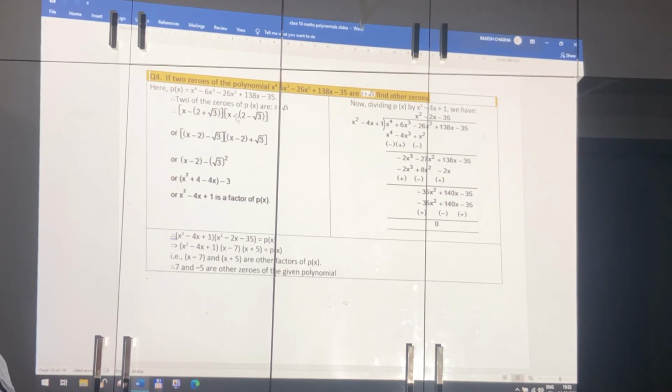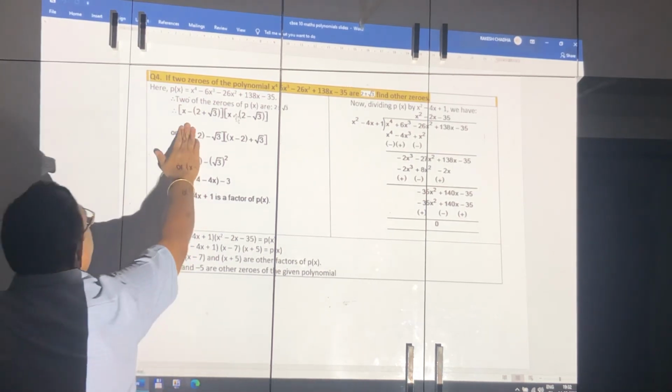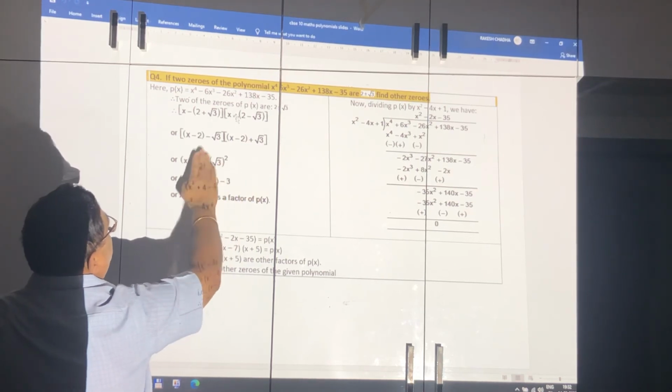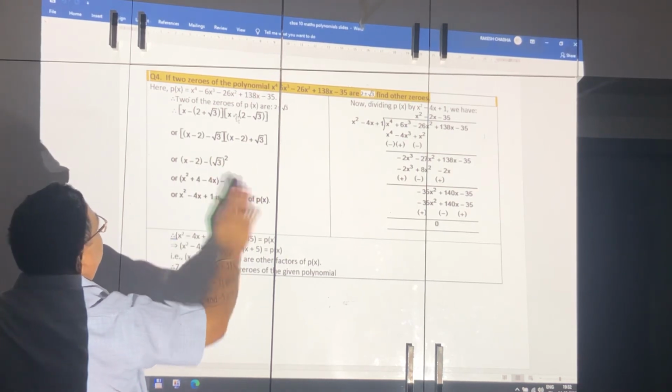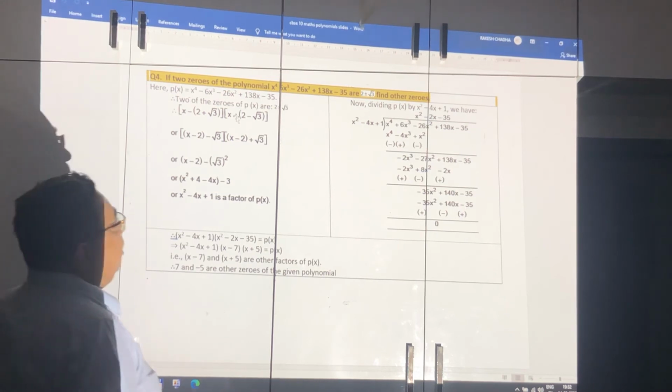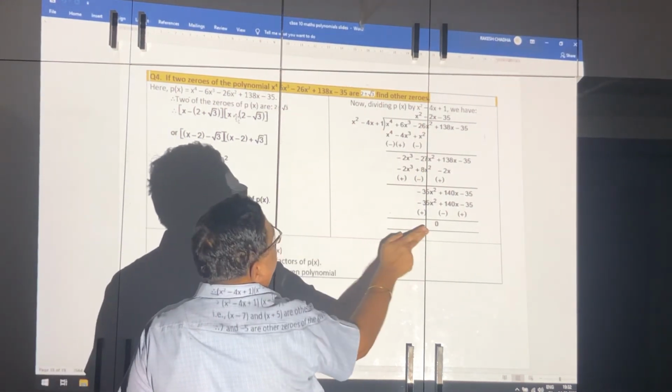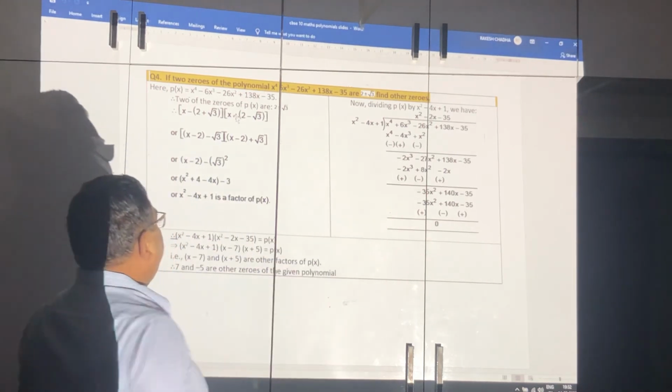Two zeros are given, okay, and I have to find the other zeros. No problem, my friend. Two zeros are the same, so I'll take it like this. Two factors are multiplied, a square minus b square formula, and then I get an equation. So then, as we have done before, take the px, take this as a gx, divide, remainder 0, it is a factor.